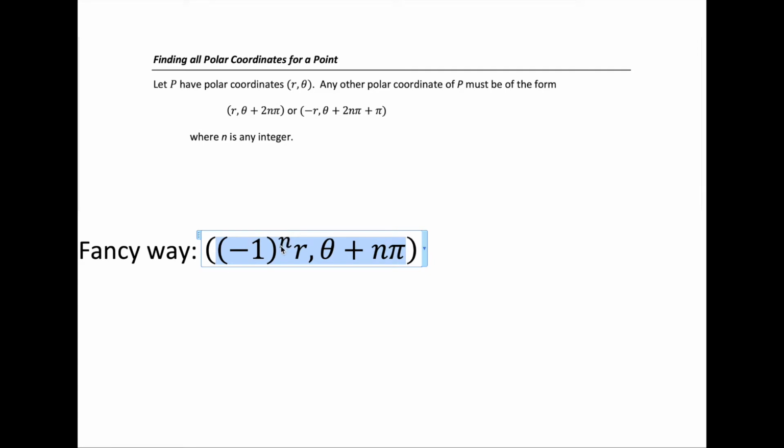When n is odd, r will be negative, and that will give us an odd multiple of pi, which will put us in the opposite quadrant from where theta actually is. If n is even, then this will become a positive number, so we'll have a positive r, and this will bring us right back to the same place where theta is. I just thought I'd mention that. You'll probably never use this fancy one. We'll probably stick to these two and just write it out this way.